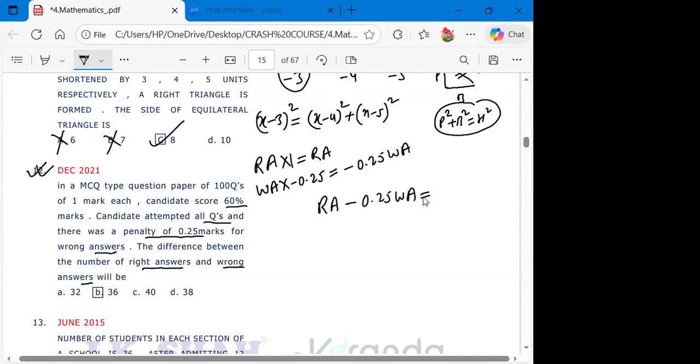How many of you understood this part? This may be one approach, but many of you will find difficulty in it. So do not try to make any equations.